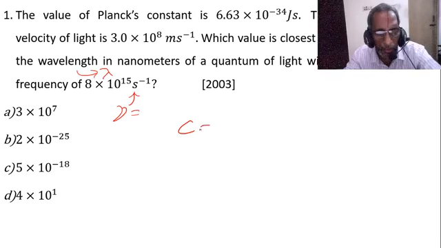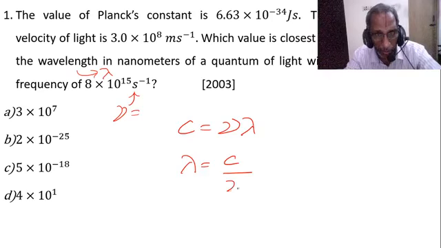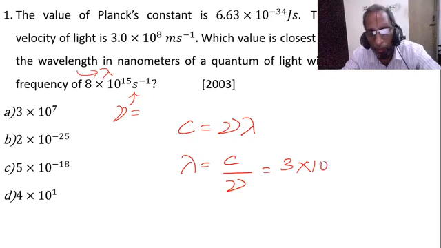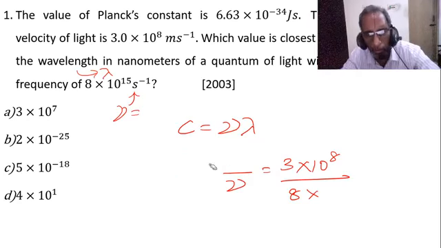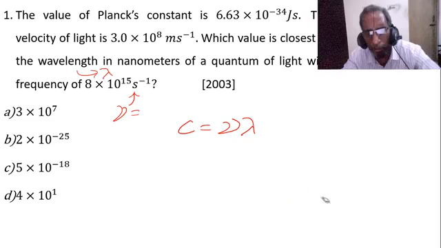So what is given and what is asked? Relation between them, C is equal to nu lambda. Lambda is equal to C by nu. C is given as 3 into 10 power 8, divided by nu, which is given as 8 into 10 power 15.